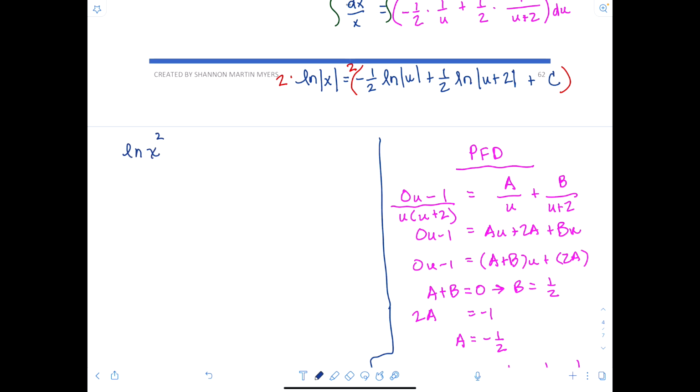I no longer need the absolute value bars because it's squared. And then on the right side, natural log absolute. There's a negative in front of the natural log absolute u, so that'll be in the denominator. So we will have u plus 2 over u in absolute value plus, call it some C1.